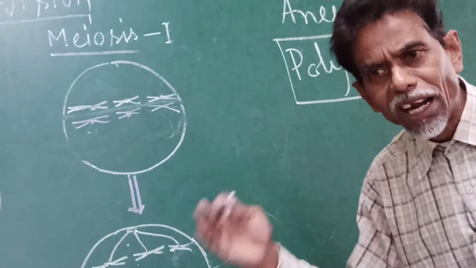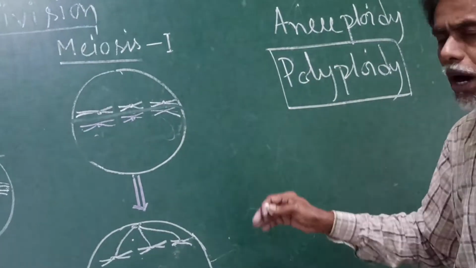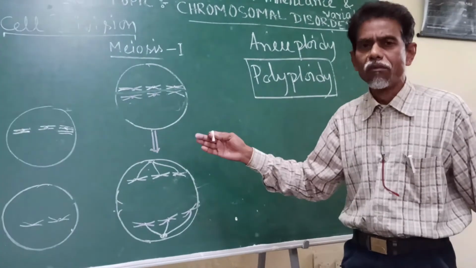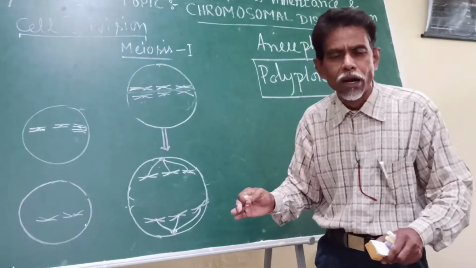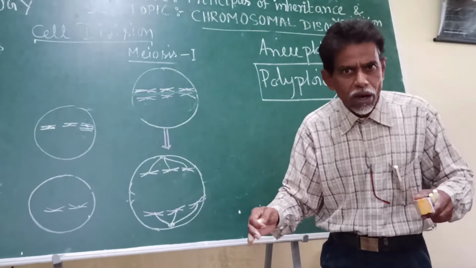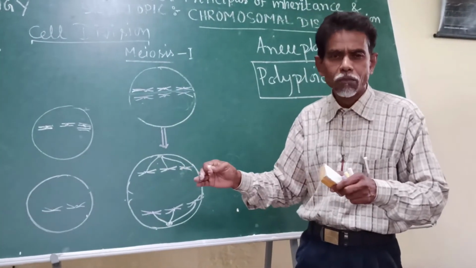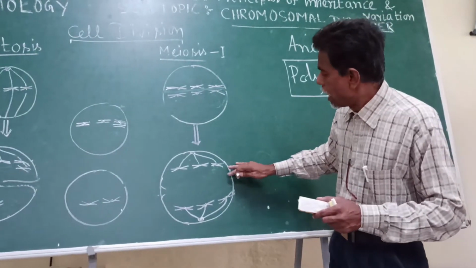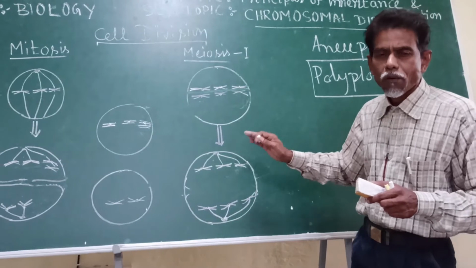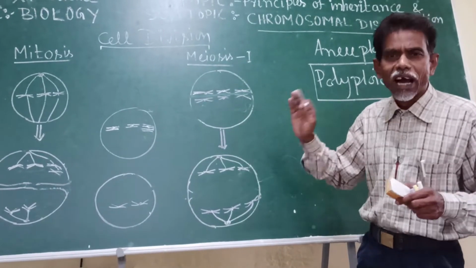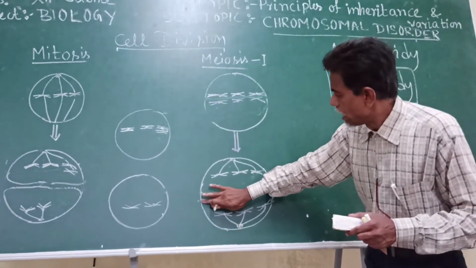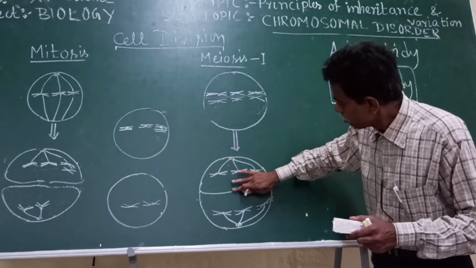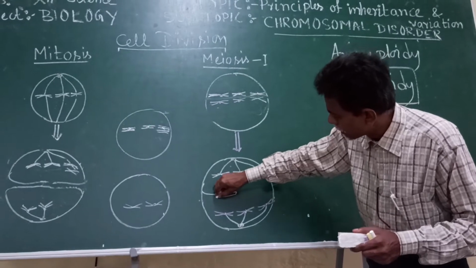And at the end of prophase 1, during diakinesis, in between so many phenomena, exchange of chromatid part, that is called crossing over, and chiasma formation will take place. That we are not going into in detail, we have read in previous classes. Now, at the end of prophase 1, the cytokinesis will take place.